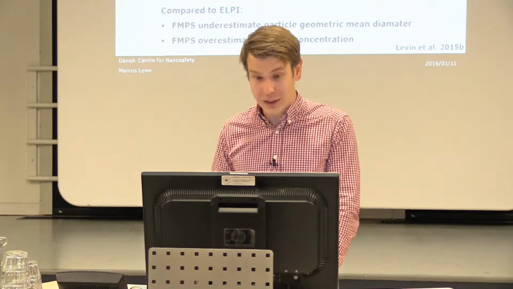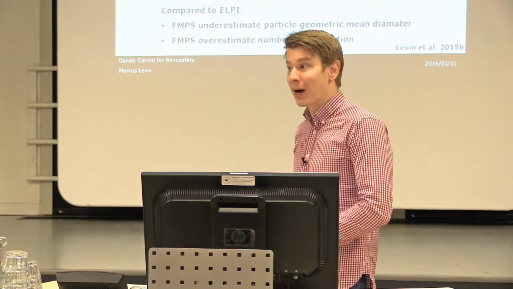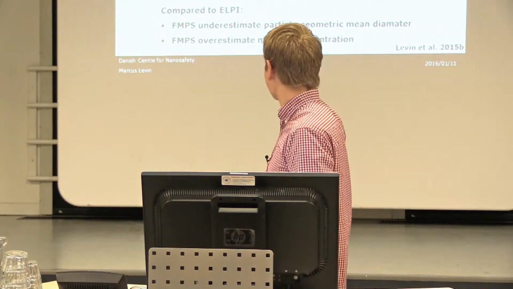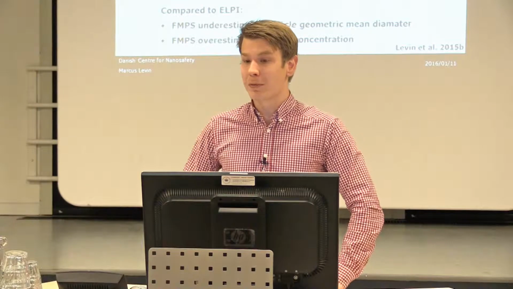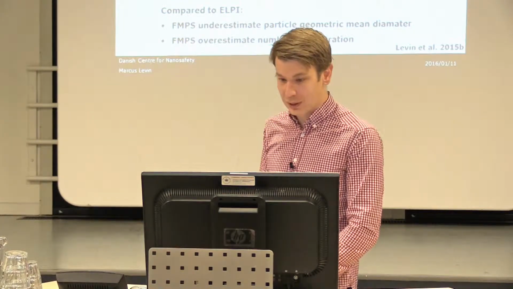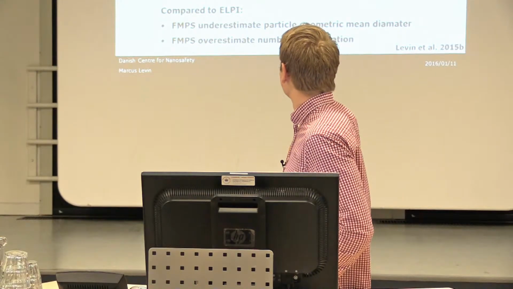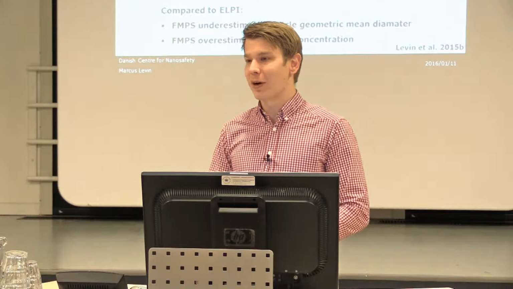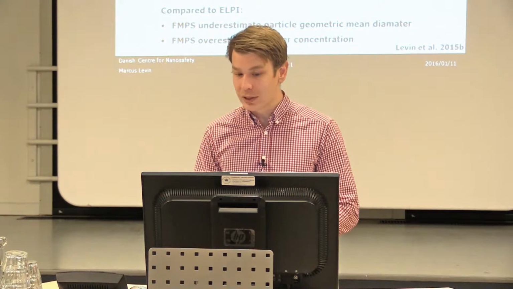And if we look at this closer to figure out why we have such a big disagreement, we can see that again, two instruments measuring the same type of particles give totally different size distributions. Here we have in blue FMPS, which claims that we have a lot of particles around 150 to 200 nanometers, while another instrument claims that we have a broad size distribution with particles around 1 micrometer.